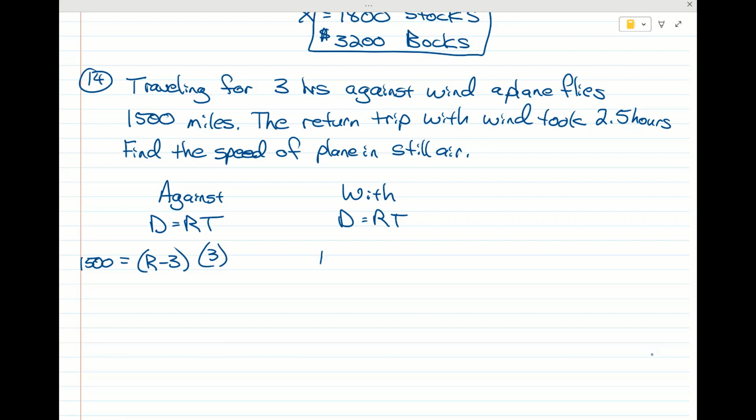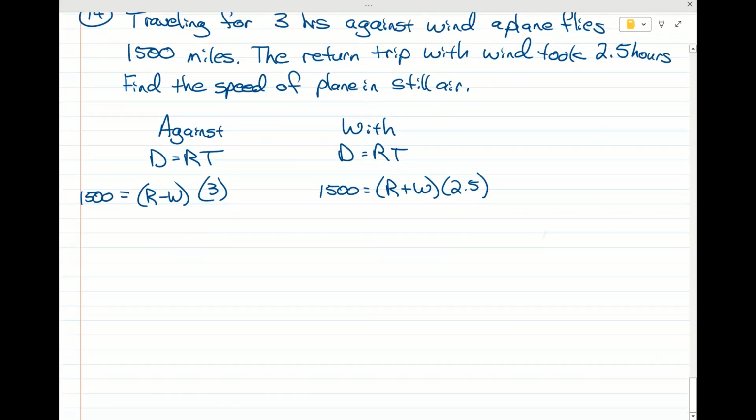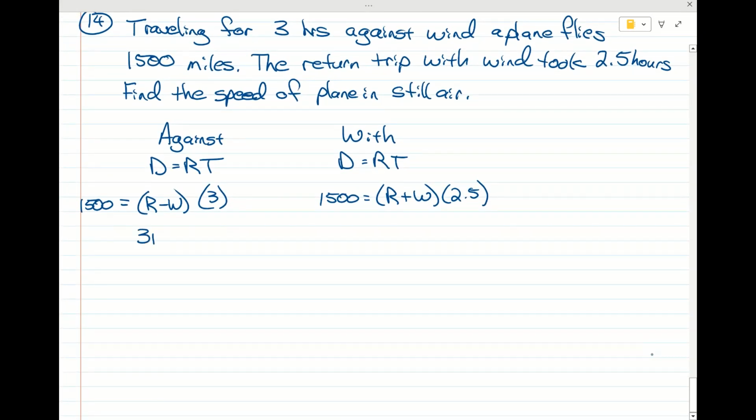With the wind, we're still flying 1,500 miles, but we're taking the speed of the plane and it's increased by the speed of the wind, and that only took 2.5 hours. So if we distribute the 3 here, 3r minus 3w is equal to 1,500, and 2.5r plus 2.5w is equal to 1,500. If we do elimination, we should be able to get the answer.